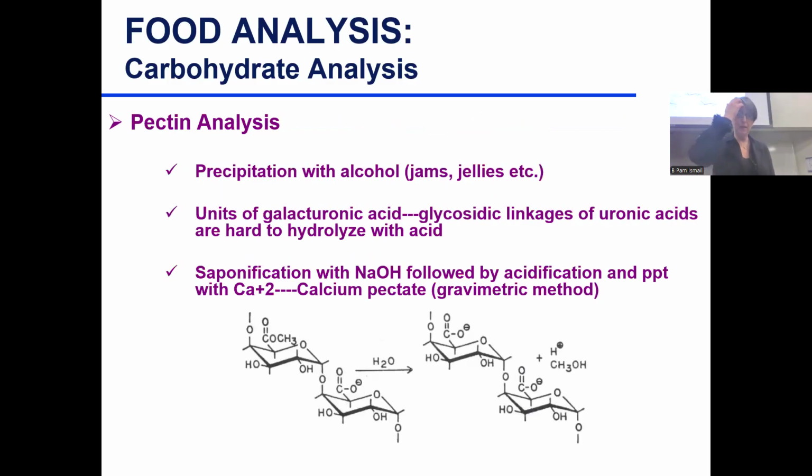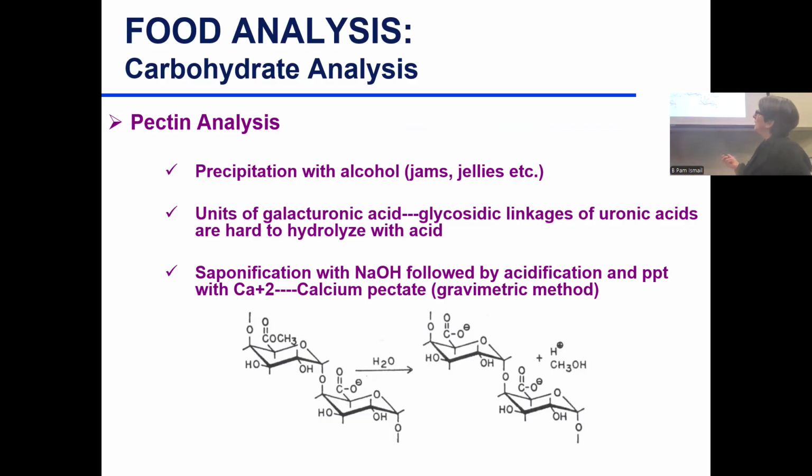Speaking of pectin, usually pectin is determined for labeling of jams and jellies. They don't have any other insoluble fiber in there, and the only soluble fiber usually is pectin, used as a jelly.